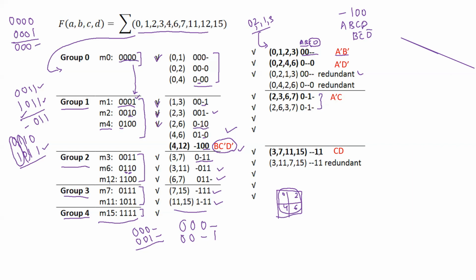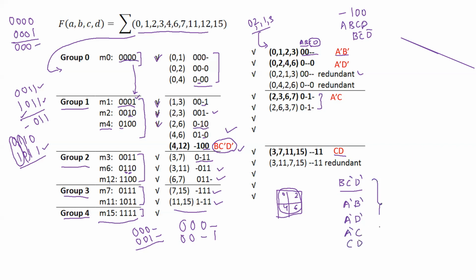So this is hyphen, hyphen, 1, 1, which is CD. So amongst them, you end up with literals: B C bar D bar, A bar B bar, A bar D bar, A bar C and CD.